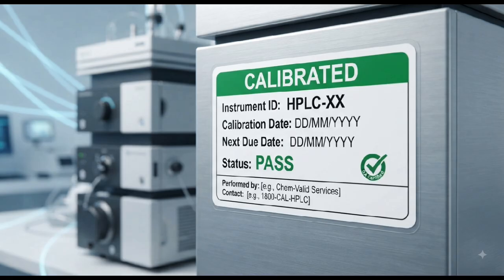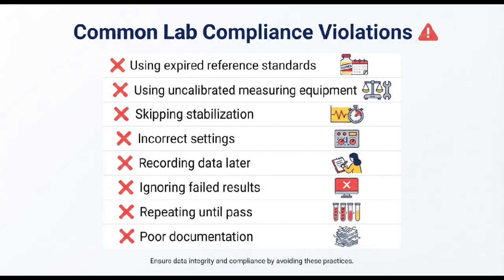Common mistakes. Let's discuss some common mistakes. Number 1. Using an expired or unsuitable reference standard. Number 2. Using a measuring device whose calibration has expired. Number 3. Starting measurement before adequate stabilization. Number 4. Using incorrect instrument settings. Number 5.